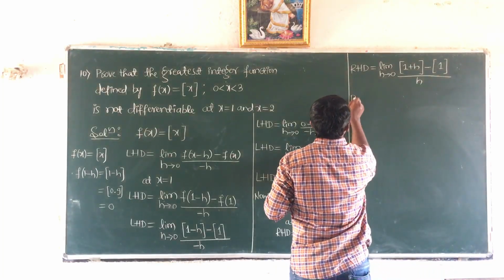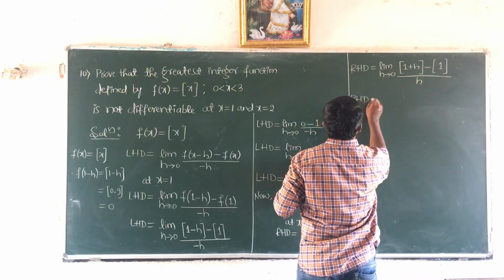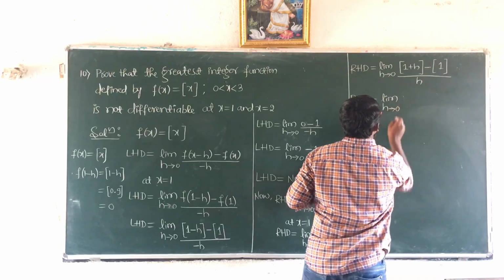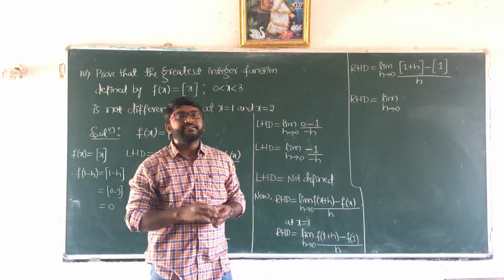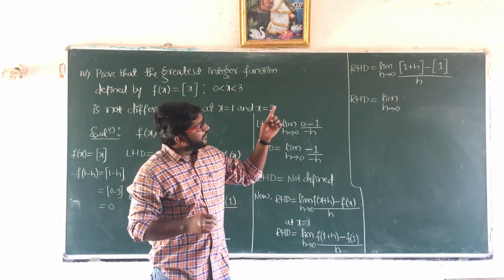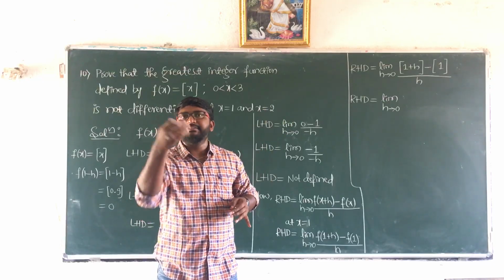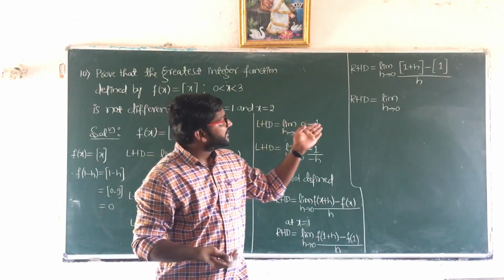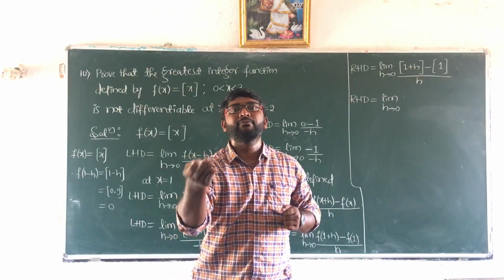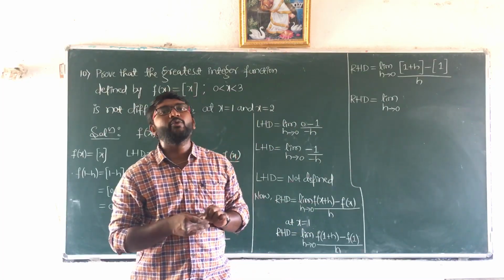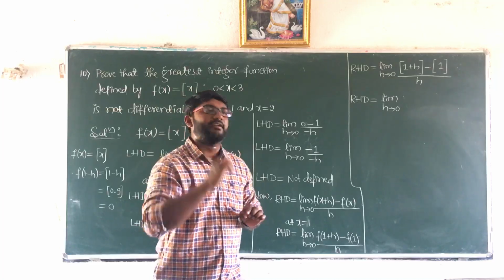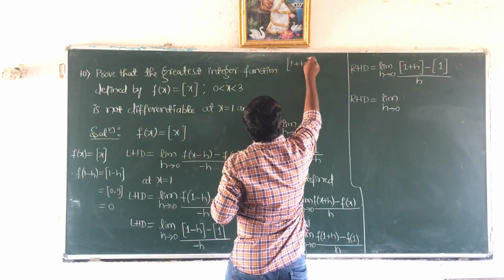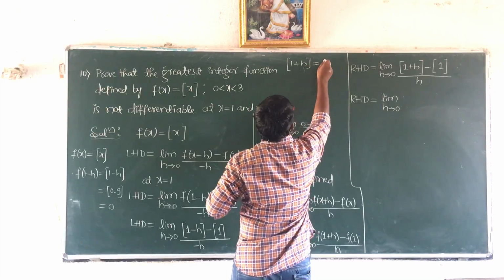So what is the value of greatest integer 1 plus h now? The 1 plus h term is always greater than 1. If you take h as 0.1, we get 1 plus 0.1 as 1.1. So greatest integer 1.1 is always 1. So greatest integer 1 plus h is always 1.